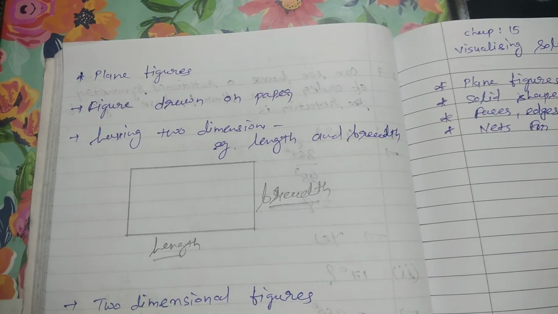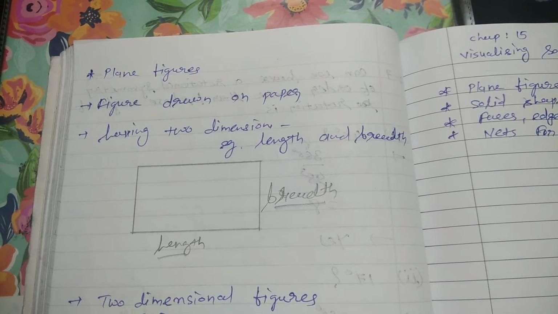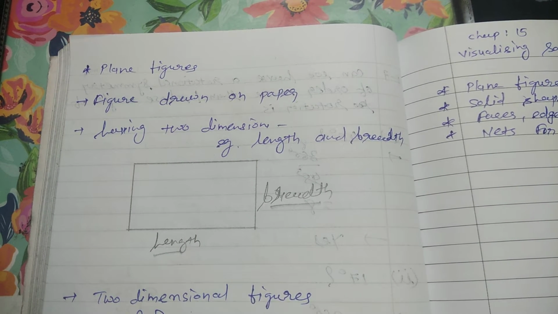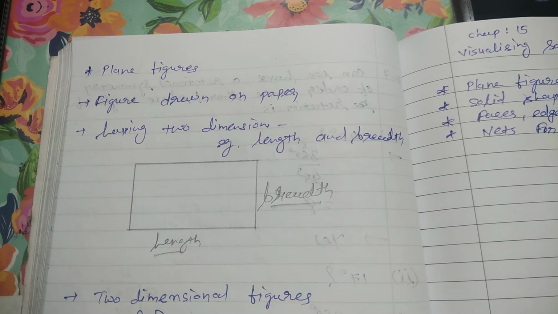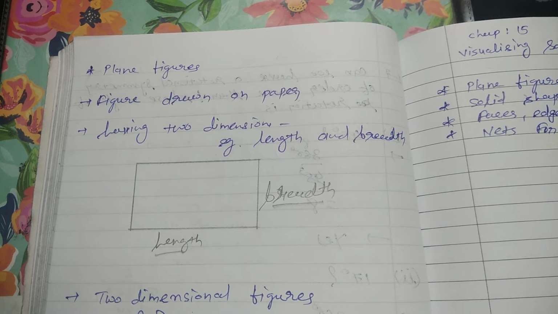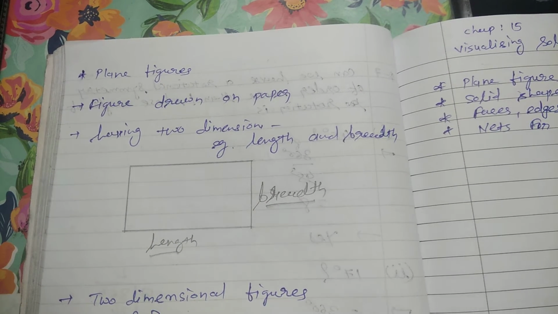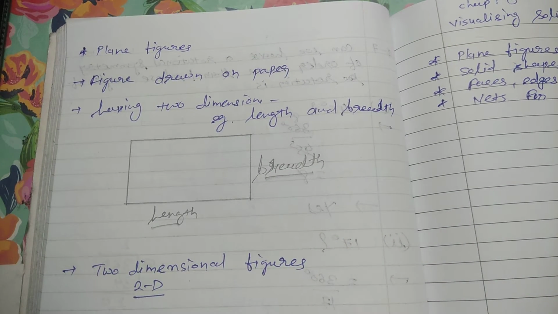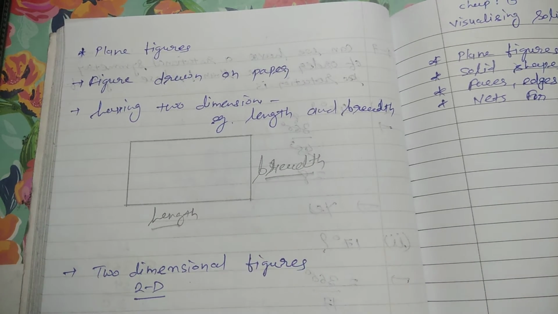First, plane figures. Plane figures means figures which can be drawn on a paper. For example, you already know about square, rectangle, circle, triangle. These are plane figures. If we take a rectangle, there are two dimensions given.